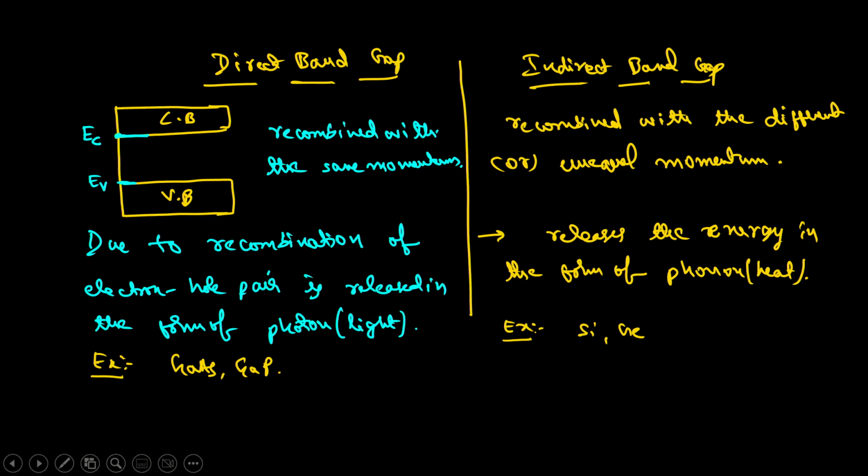If the semiconductors follow these types of band gaps, then they are classified into two types: direct band gap semiconductors and indirect band gap semiconductors. Now the concept is based on the energy gap.